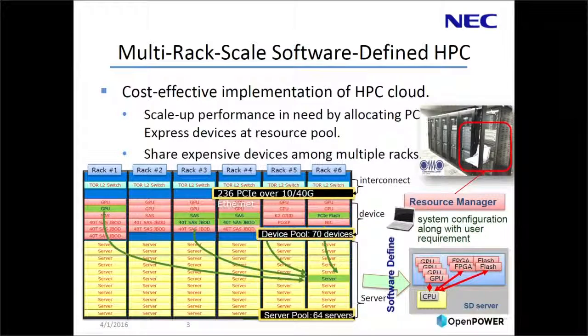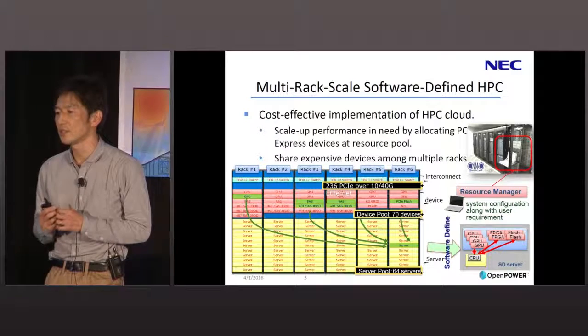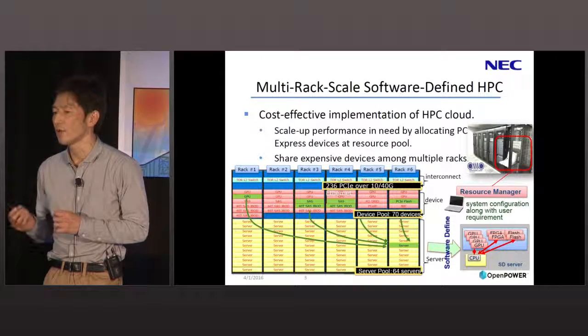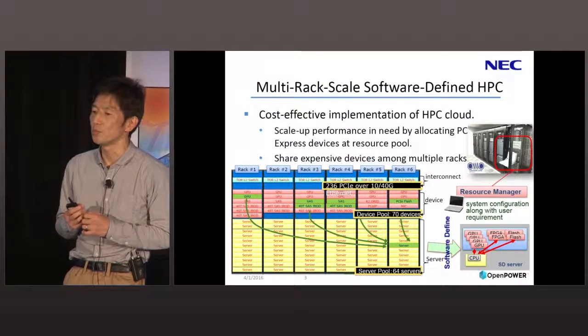So it is a multi-rack scale and software-defined high-performance computing system. We can build up a physical computer system, along with the user's requirement, by attaching PCI Express devices from the resource pool.